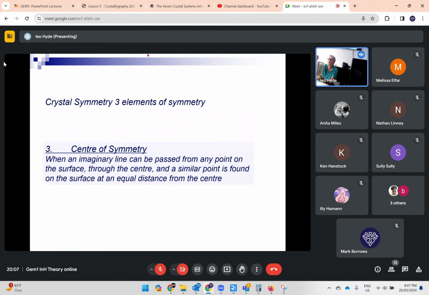Can I pass a line through a particular point, go through the center and come out the other side at an equal distance? So can I do that with this? Yeah, I can, can't I? Whereas there is one crystal system right at the very end where you can't even do that. So as you get through them, there's less different types of symmetry that you can get with each crystal.